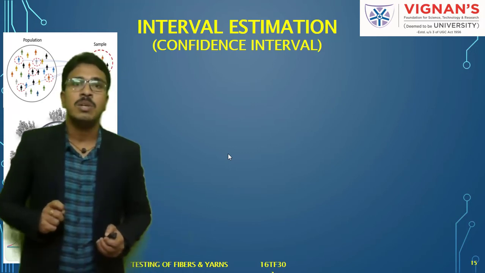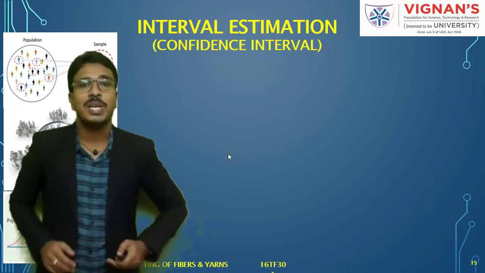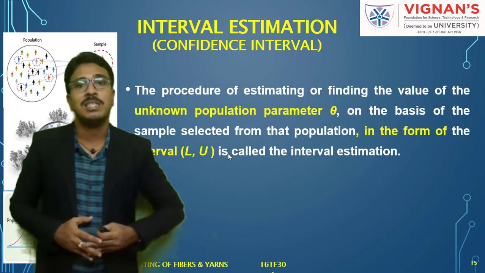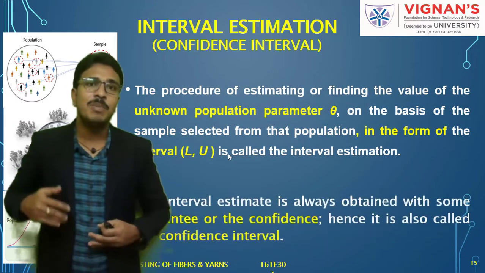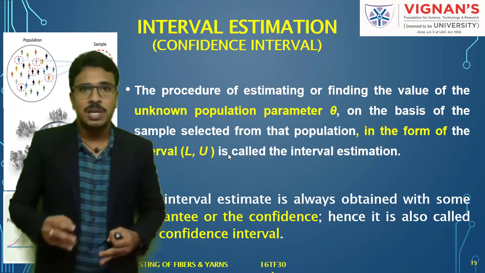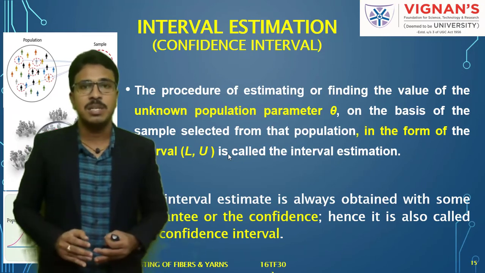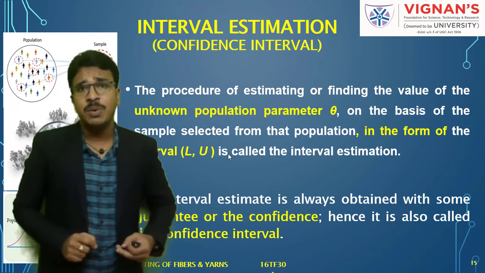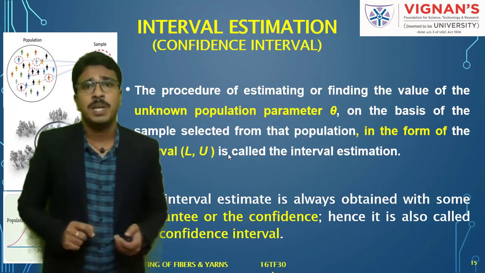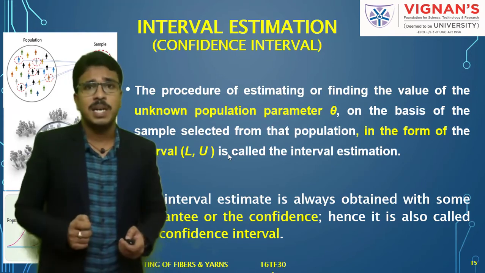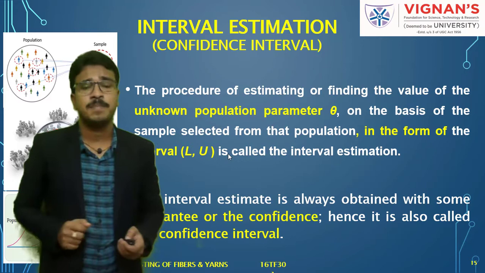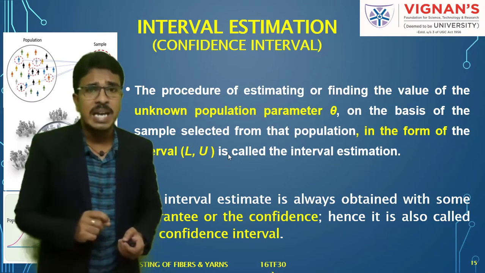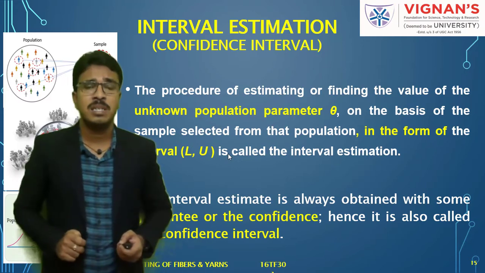Here in brackets you can also see that confidence interval is given. So why is it said to be a confidence interval? Whatever interval estimation we are doing is always obtained with some guarantee or confidence.